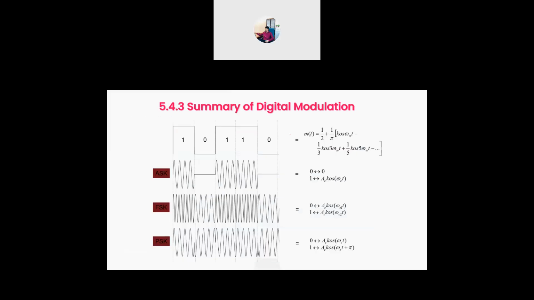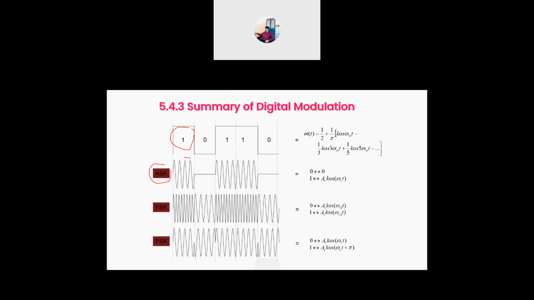So this is your message signal, in terms of bit signals 101011, and the result when we do amplitude shifting, the amplitude 1 and 0 by a bit signal, means ASK.